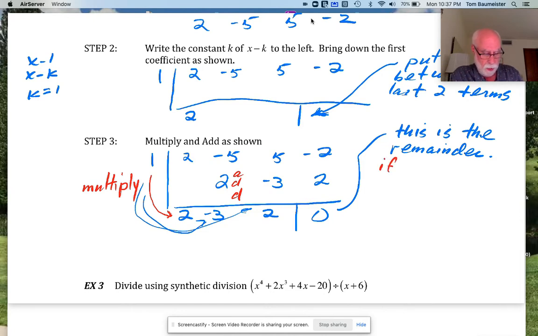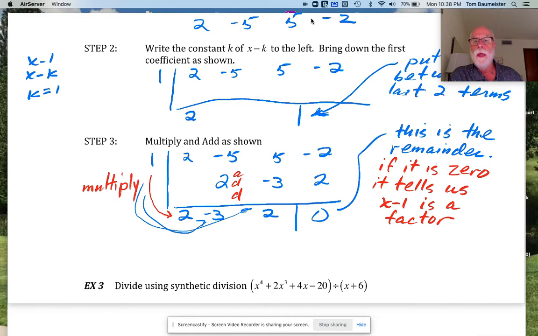If it is 0, it tells us x minus 1 is a factor. And that'll be important in the next section for us.